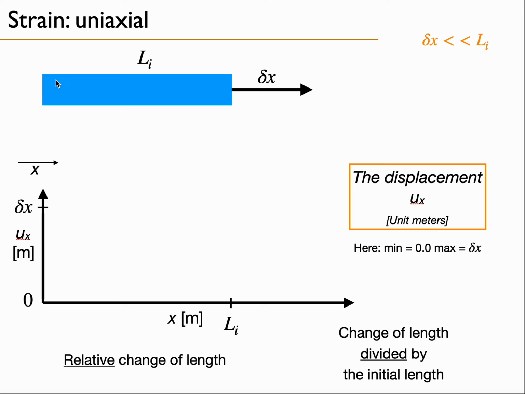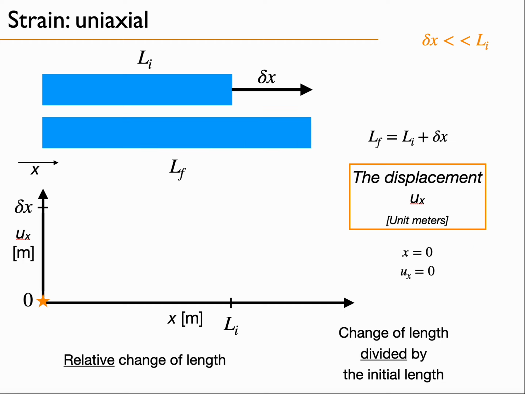Here, in our example, the minimum displacement will be on the edge here. It's not moving, and the maximum displacement will be on the edge to the right. Well, it will be equal to delta x. So let's report this on the diagram. Minimum value here, this point is not moving. And this point will be moving up to this position.